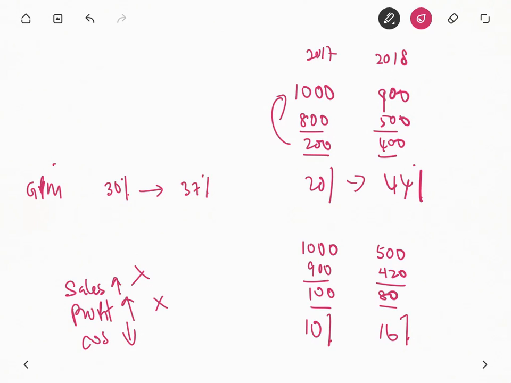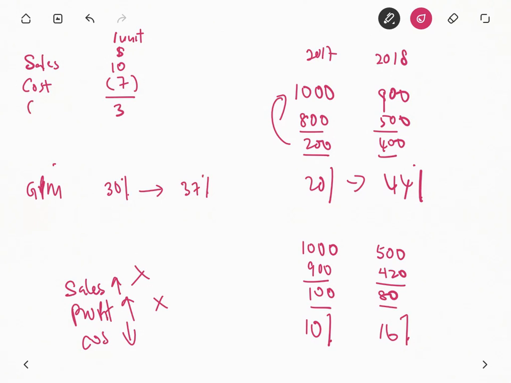Now, the proper answer will be like this. Margin has gone up. For margin, we are not focusing on the total value per se. If I sell 1 unit, my selling price is $10 per unit. My total cost is about $7.